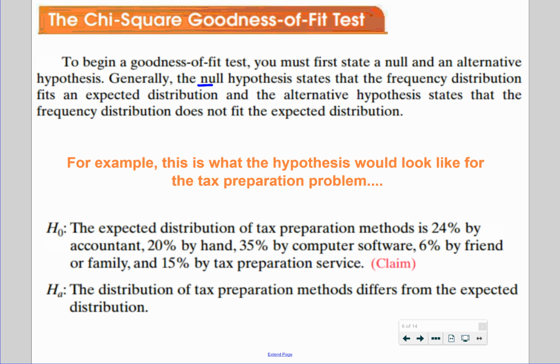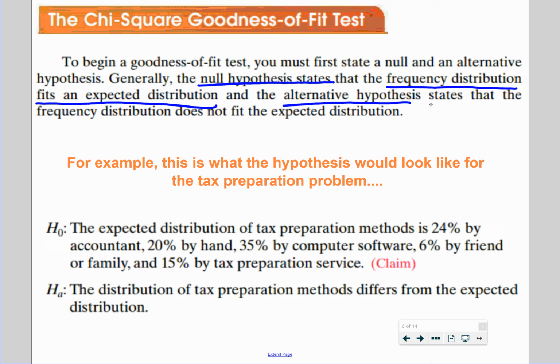When you're doing these, the null hypothesis will always be that our distribution fits an expected distribution. So it might say our distribution is uniform, or our distribution is 20% this category, 10% this category, 30% this category, whatever the claim is. And then the alternative is always going to be the opposite of that.